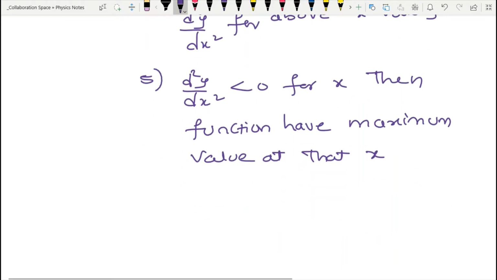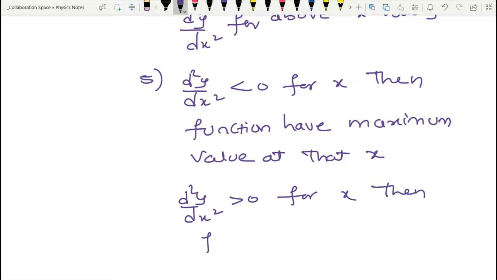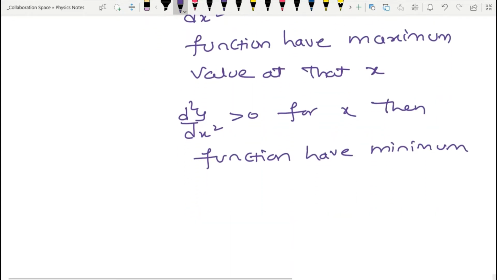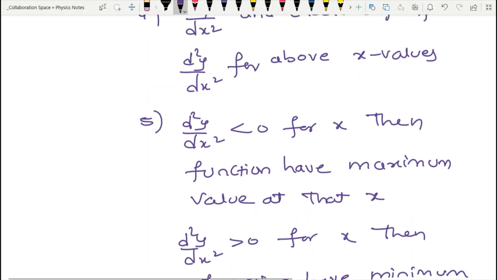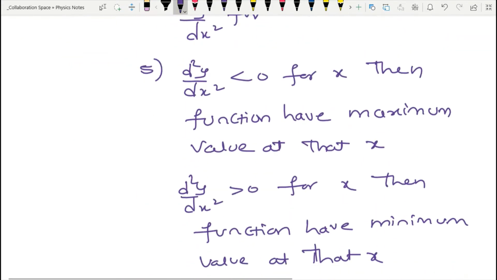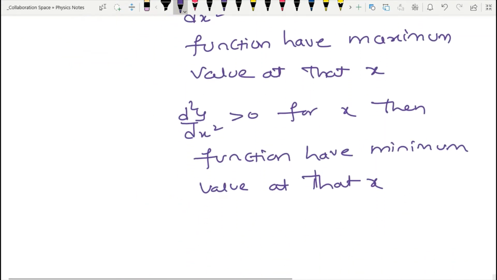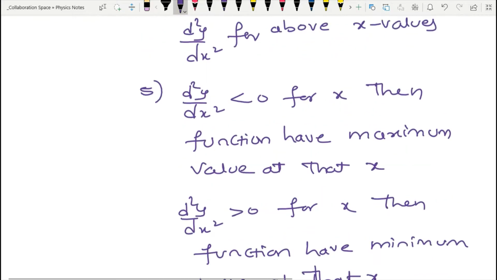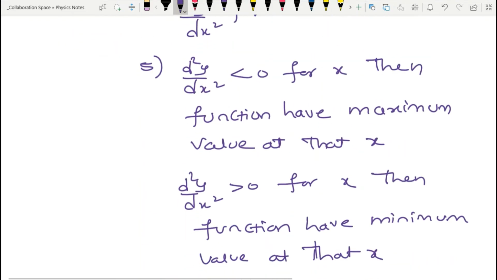If d square y by dx square is positive for x, then the function has a minimum value at that x. So this is the way of identifying the maxima and minima of a given function. If you want to find the maximum or minimum value, we have to substitute the values in f of x to get the maximum or minimum values.